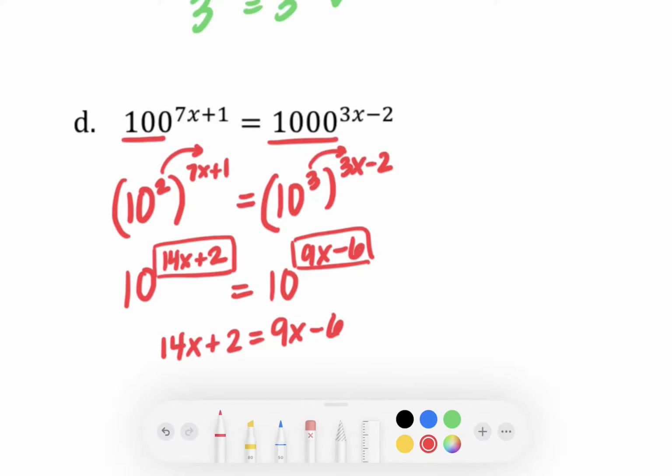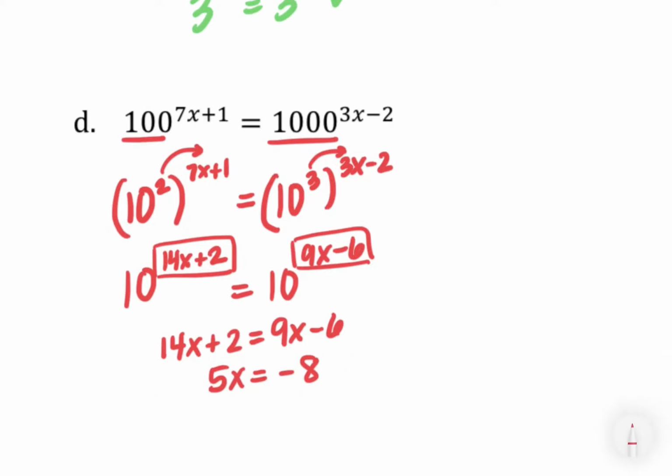So let's subtract. I'll get all the x's on one side. I'll get all the constant values on the other side. Divide both sides by 5.